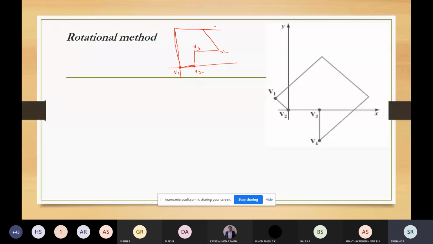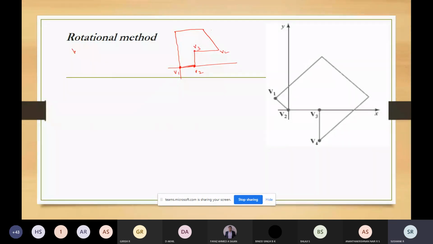So now v1 is at the origin, v2 is also along the x-axis, but v3 is above the x-axis, it is not below the x-axis.